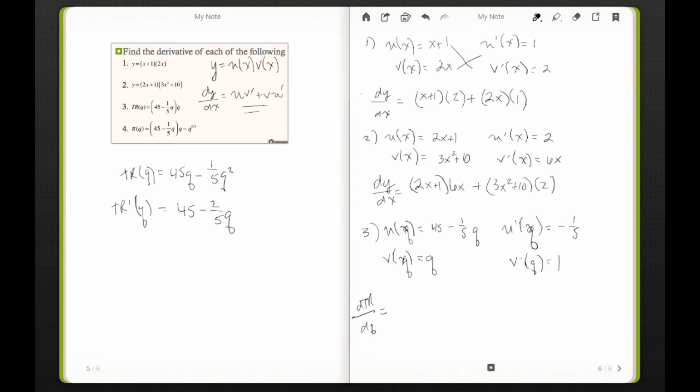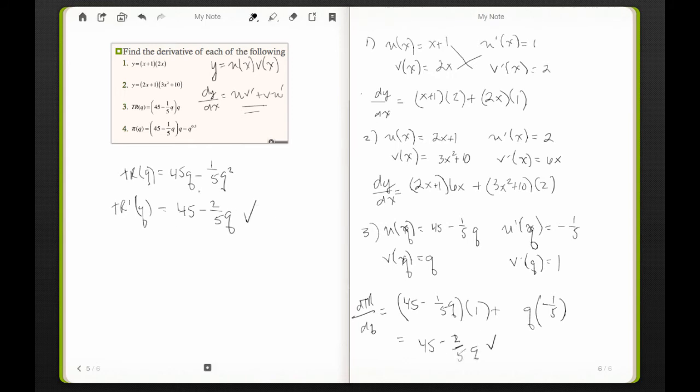So anyway, my dTR/dq is going to be 45 minus 1/5 q times 1, plus q times negative 1/5. And when I simplify that out, I get 45 minus 2/5 q, which is exactly what I got when I used the power rule.